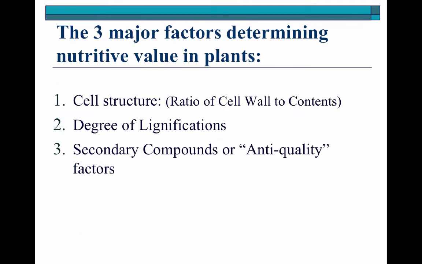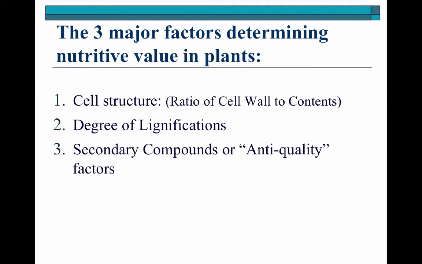So the 3 major factors that determine how much nutritive value a plant has are its cellular structure, so more specifically the ratio of the cell wall components to the rest of the plant components, so structural versus non-structural carbohydrates.